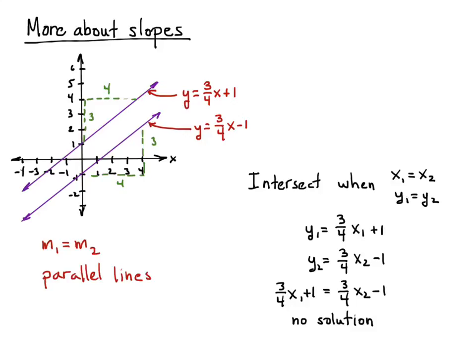If I set those two equal, meaning they have the same y value, there's not going to be a solution. So this is the very definition of being parallel: parallel lines never intersect.